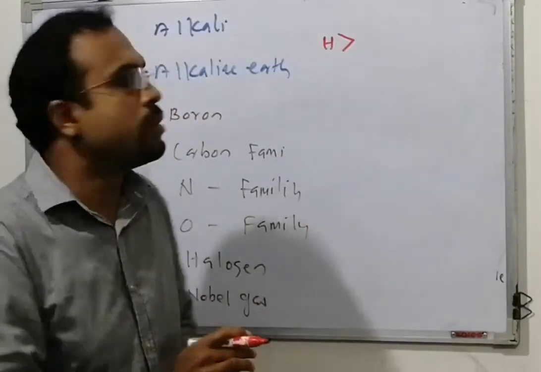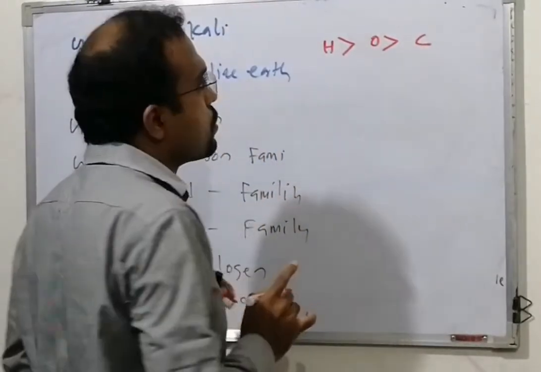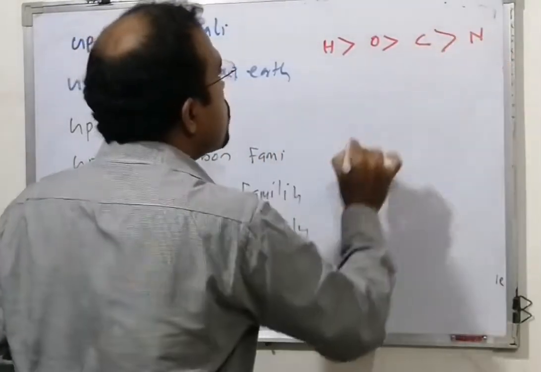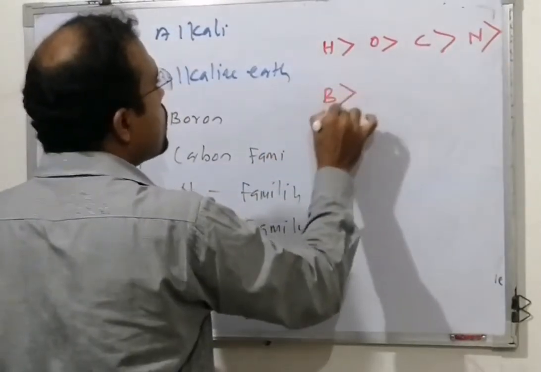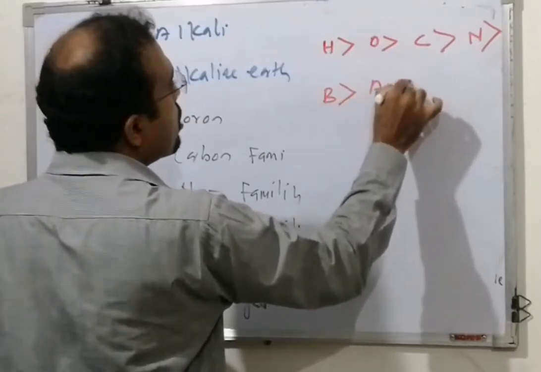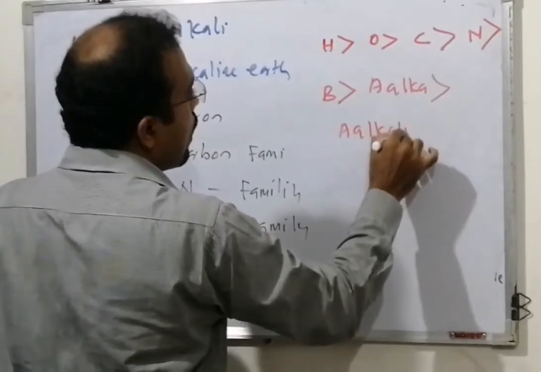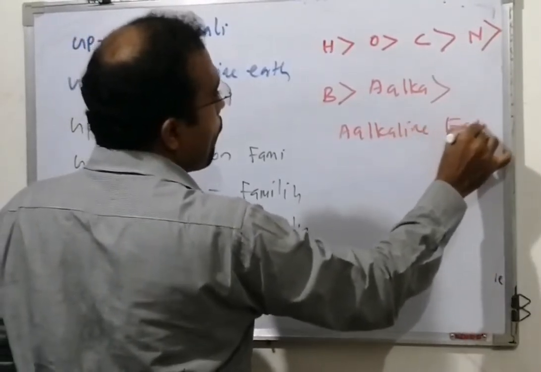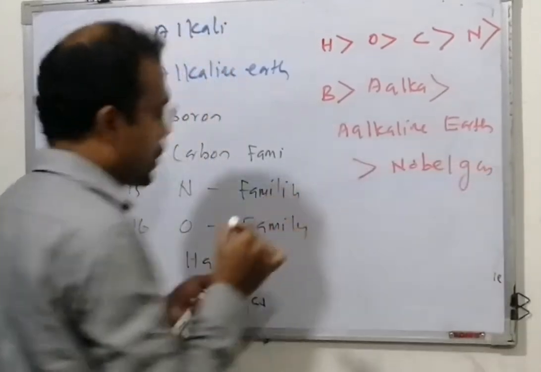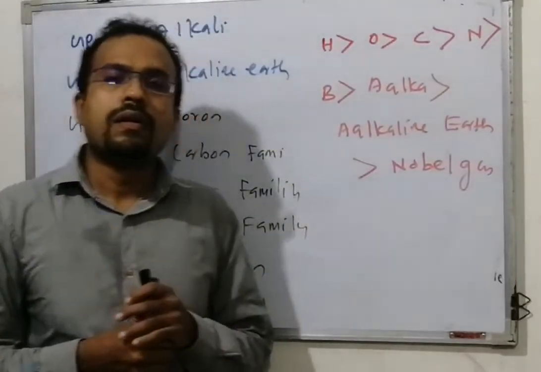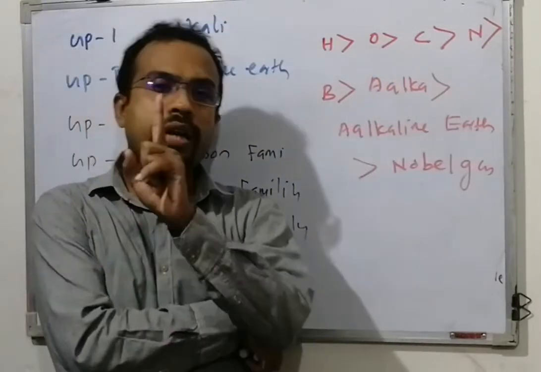Halogen group, then oxygen group, then carbon group, then nitrogen group, then boron group, then alkali metals, then alkaline earths, last noble gas. Halogens have most, then oxygen, then carbon, not nitrogen.